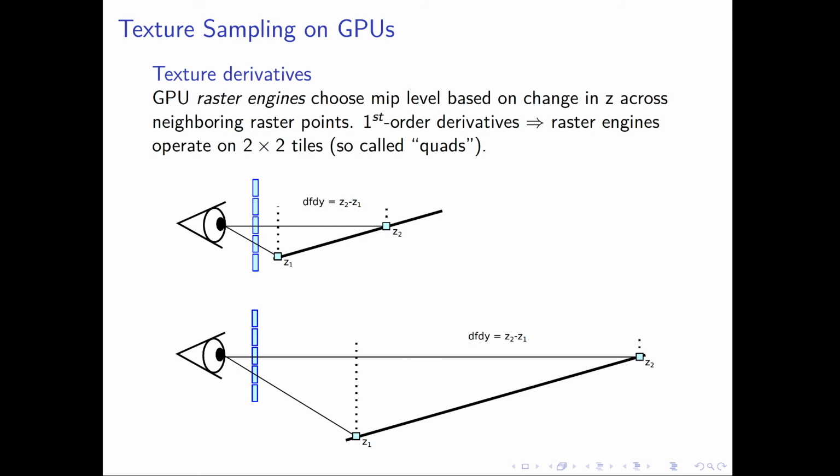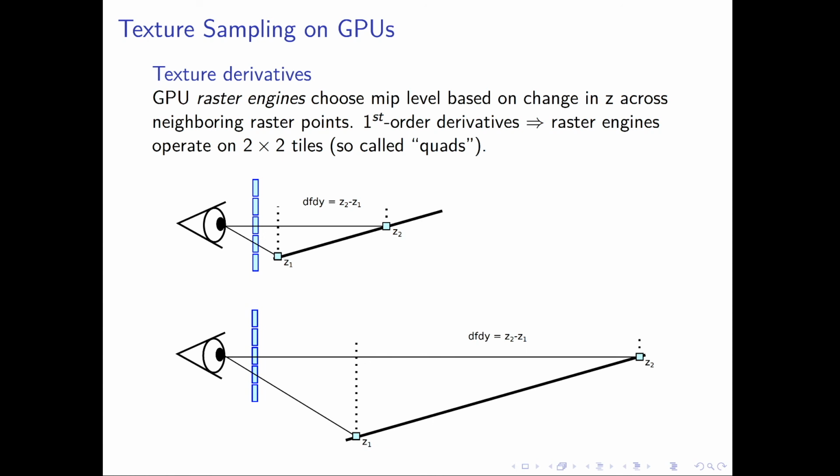In order to compute derivatives, a fragment needs to have some knowledge about its neighbors. What we learned about scan conversion before is that we basically handle each fragment individually.